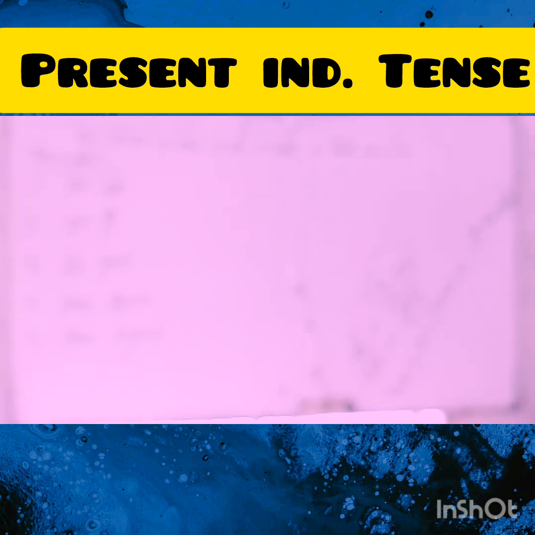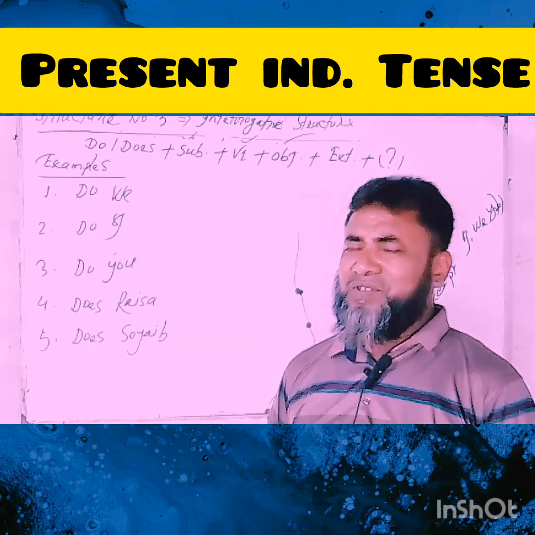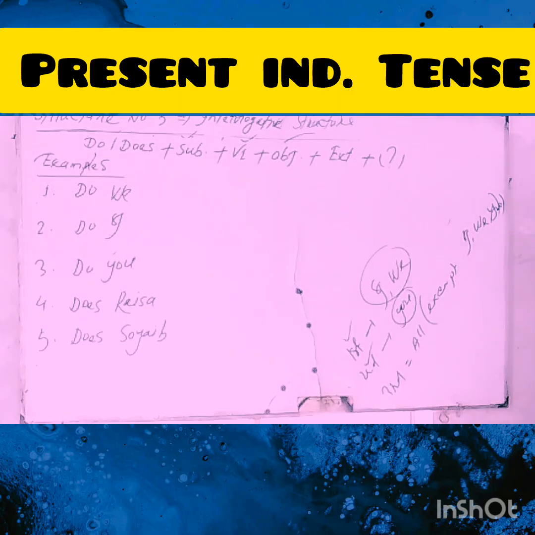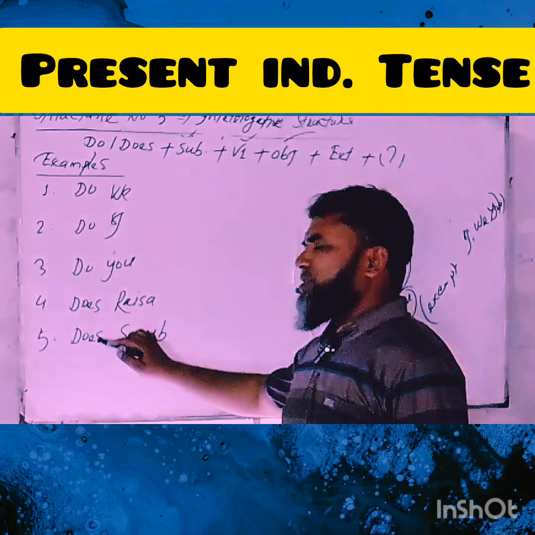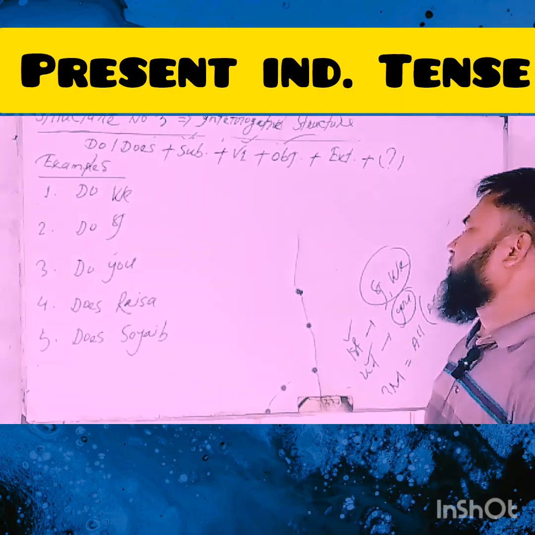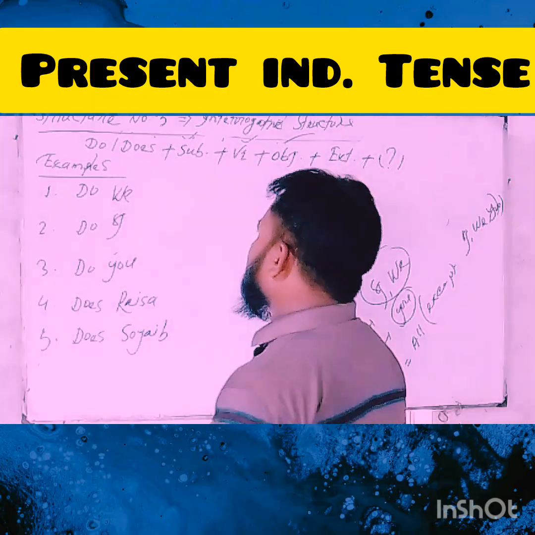And this third person has two forms: singular number and plural number. In the case of third person singular number, we'll have to use does. Except for third person singular number, in all cases of subject, you'll have to use do. You have understood clearly.